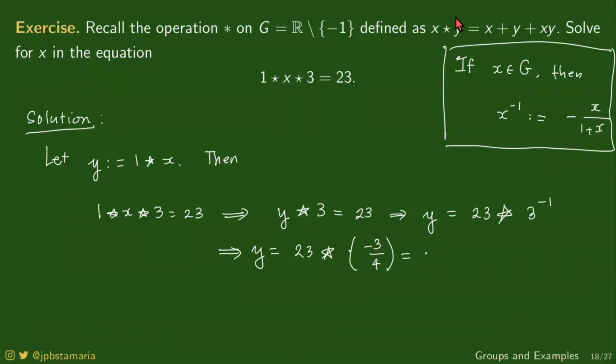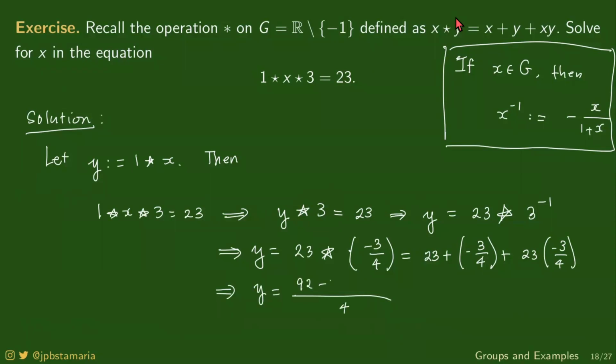Ano ba meaning ng star? That's 23 plus negative 3/4 plus 23 times negative 3/4. Oh my gosh. I don't think I like doing this. Sige na nga. Okay, 23 times 4, that's 80, 12, 92.